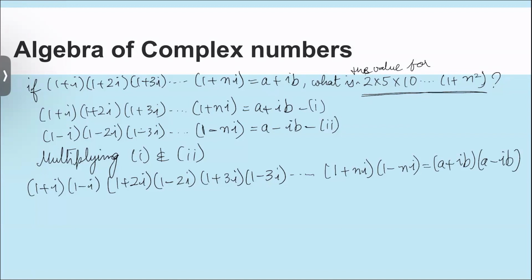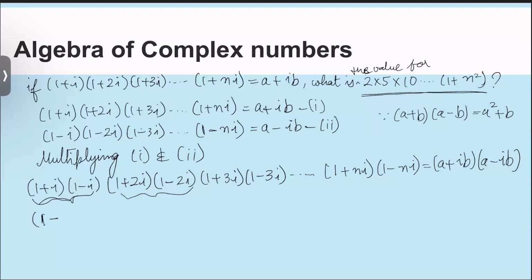If you take these brackets together, we use the general form of the identity: (A plus B)(A minus B) is equal to A square minus B square.